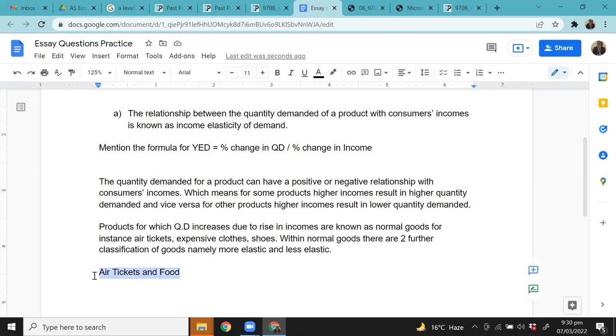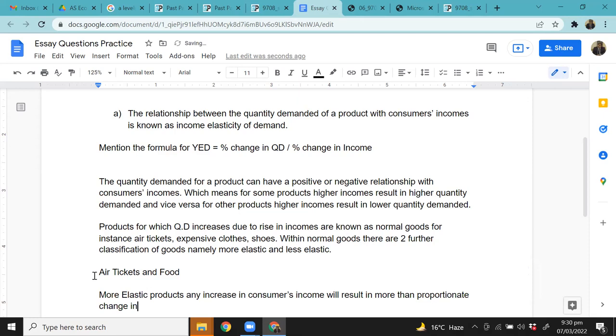Just like I explained, more elastic are the goods for which the demand will significantly increase, more than proportionate increase. What's the definition of more elastic? For more elastic products, any increase in consumers' income will result in more than proportionate change in quantity demanded of the product.